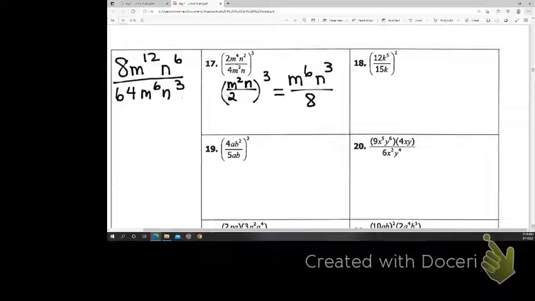The downside of the second way I showed you is like this number and this number, now they're getting bigger, and it may not be as obvious how they reduce. So if I go ahead and do 12 and 15 to the 2nd power in number 18, that's going to be harder to reduce than if I just reduce 12 over 15, divide by 3, divide by 3, k to the 4th.